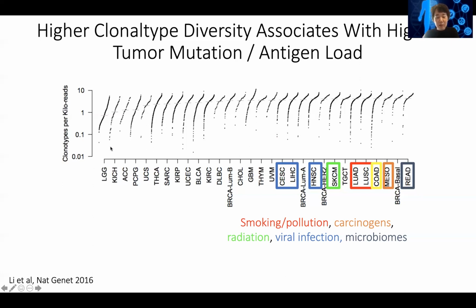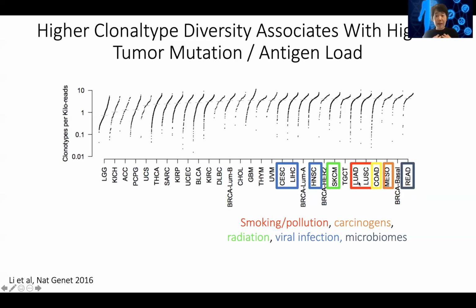One thing that we noticed is that the tumors on the left are usually pediatric tumors or tumors that have low mutation burden. Whereas the tumors on the right side have high mutation burden, for example, melanoma, which is from radiation from the sun, or smoking.